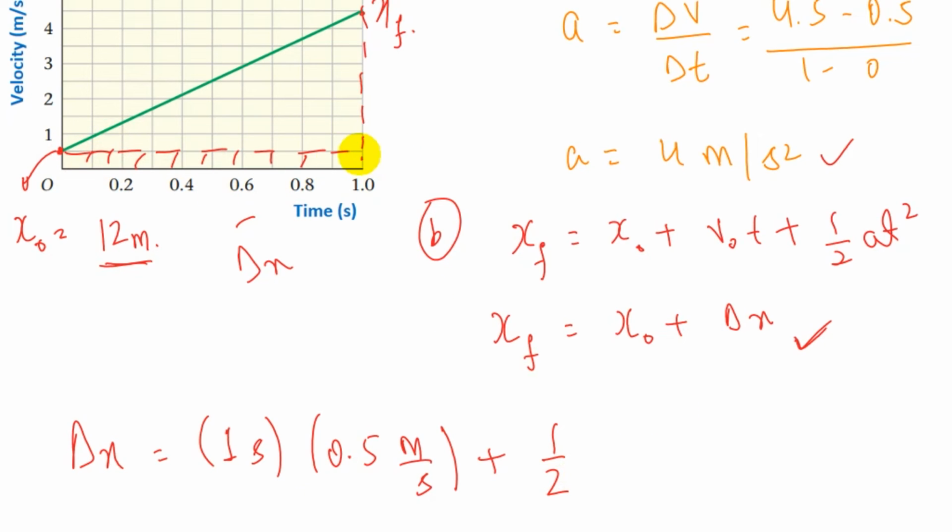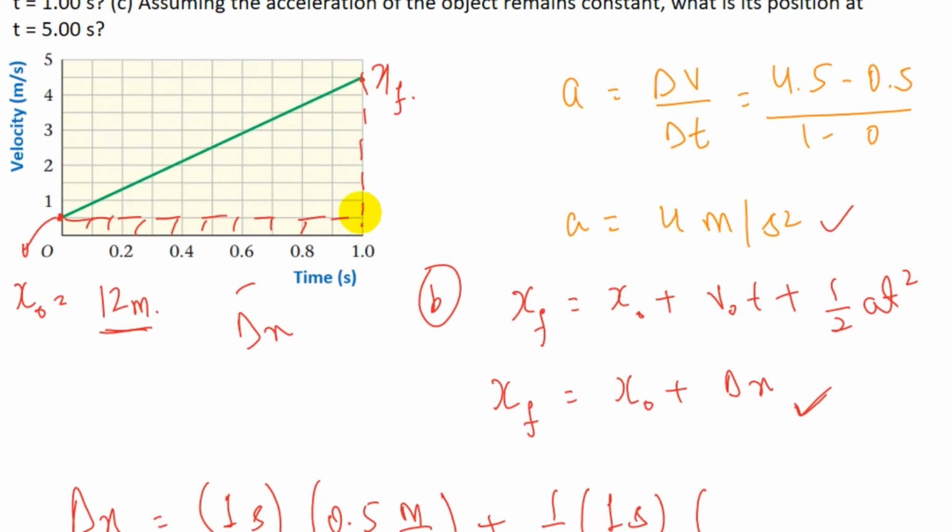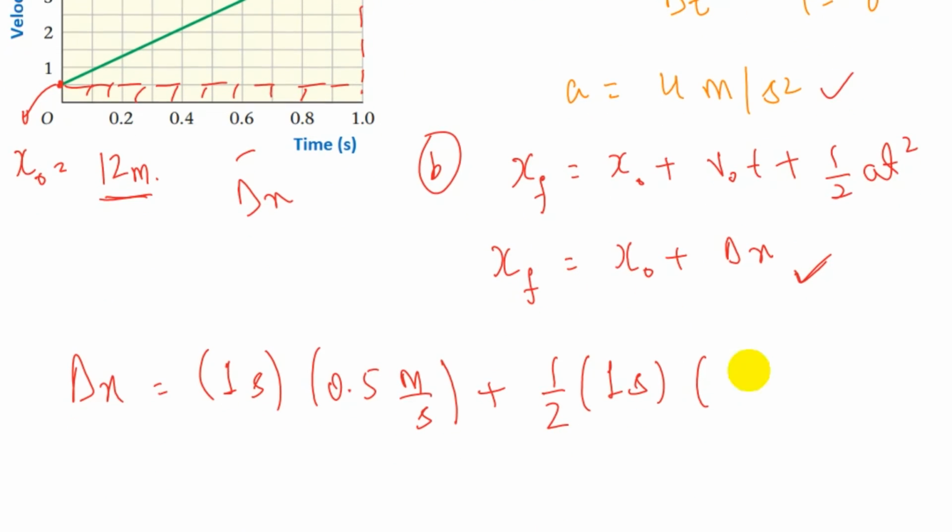Base we have 1 minus 0, that is 1 second, and height is 4.5 minus 0.5, which is 4. So this would be 4 meter per second. From here delta x comes out to be 2.5 meter.